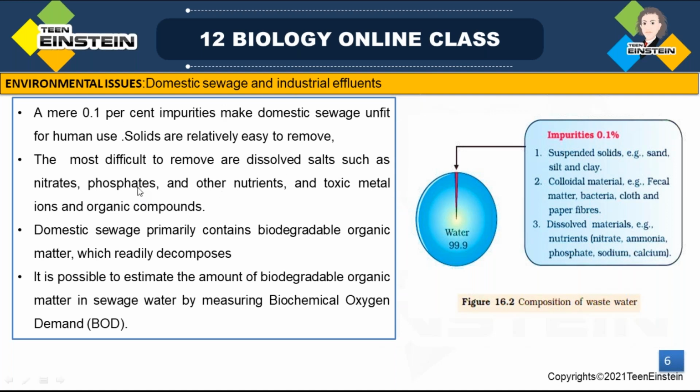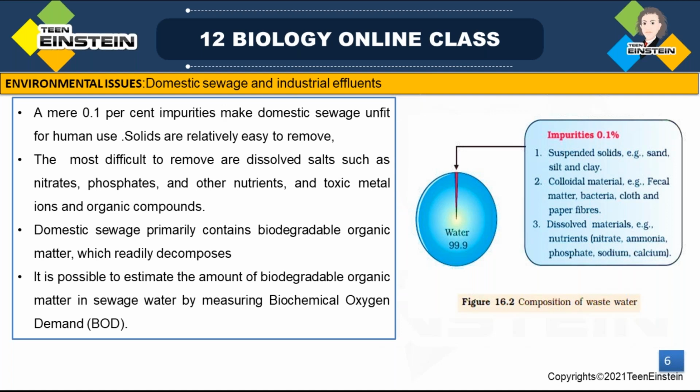So you know that this 0.1% of impurity is making the domestic sewage unfit for human use. Due to that 0.1%, that water is becoming unfit for human usage. And the solids are easy to remove.